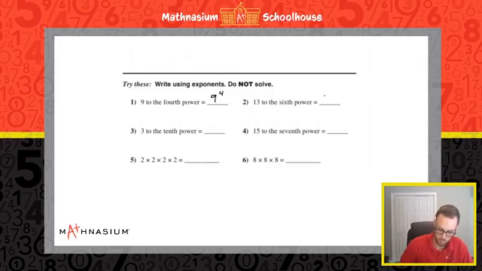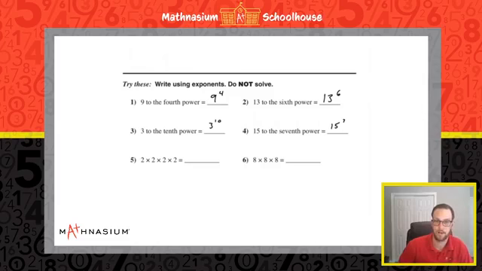For number 2, 13 to the 6th power. So go ahead, and if you have the worksheet, follow along with me here, and you can fill these out, or you can put your answers in the comments. That would be great as well. Number 3 is 3 to the 10th power. Number 4 is 15 to the 7th power.